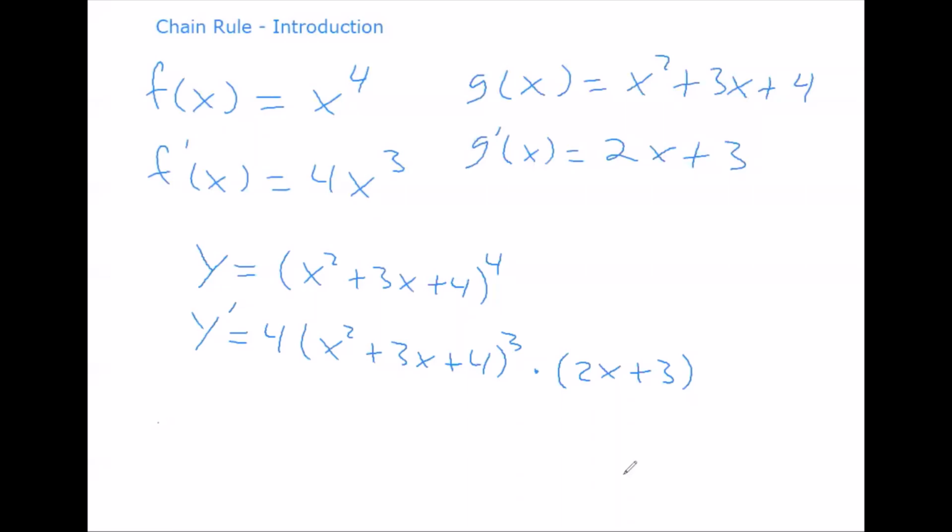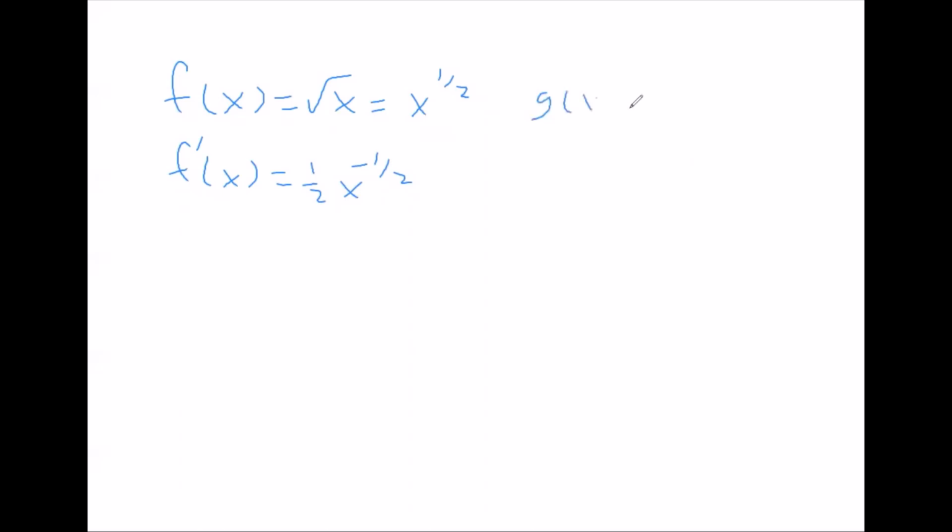Okay, let's try another one. Let's say your function is the square root of x. Then using the power rule, square root of x is equivalent to x to the 1/2. And so the derivative would be 1/2 x to the negative 1/2. And then let's say a separate function is x squared plus 5x.